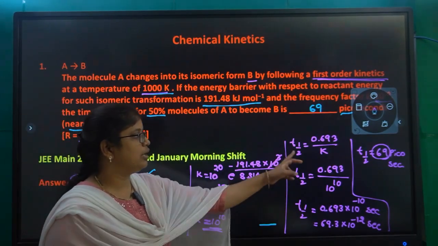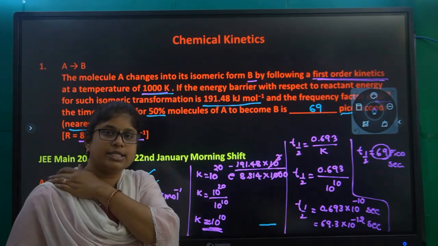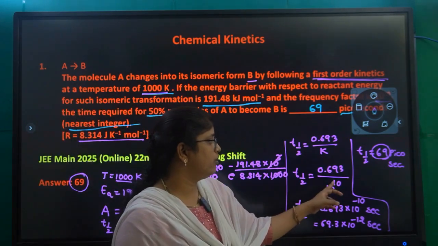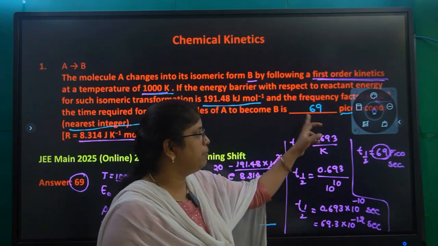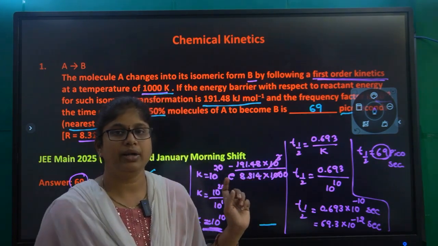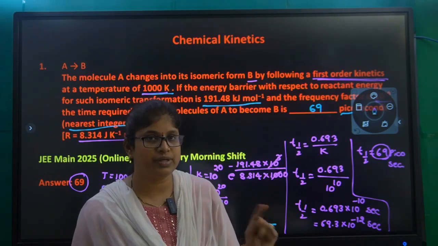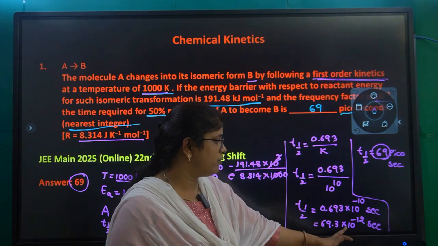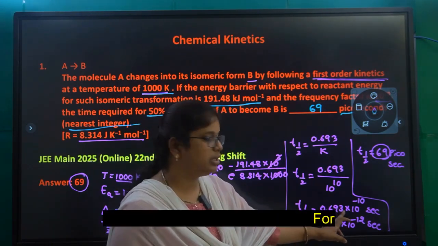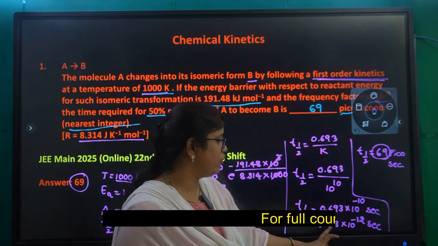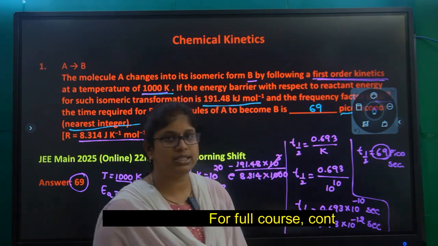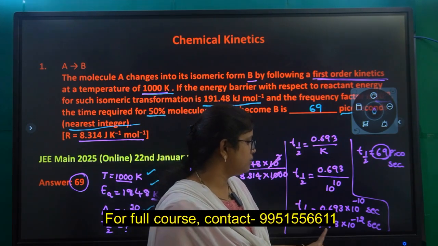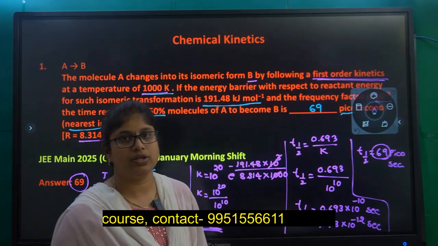Now substitute this in the T half formula, 0.693 divided by K. He is asking in picoseconds, and 1 picosecond is 10 to the power of minus 12 seconds, so move the decimal point to the right to get 69.3 into 10 to the power of minus 12 seconds, which is 69.3 picoseconds.